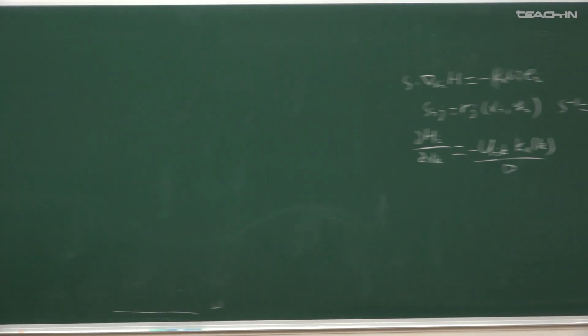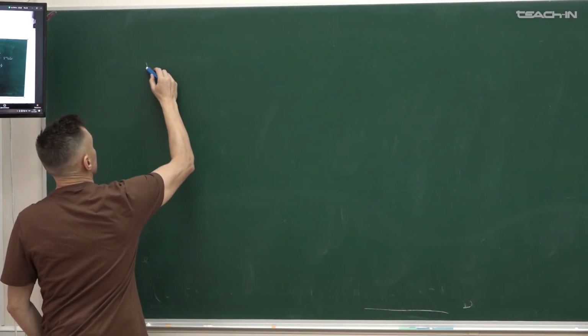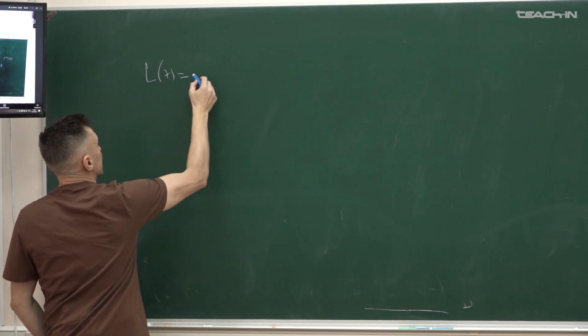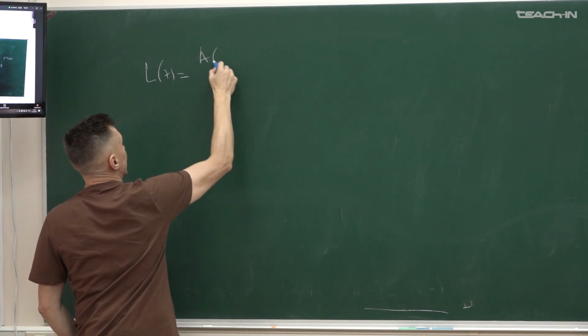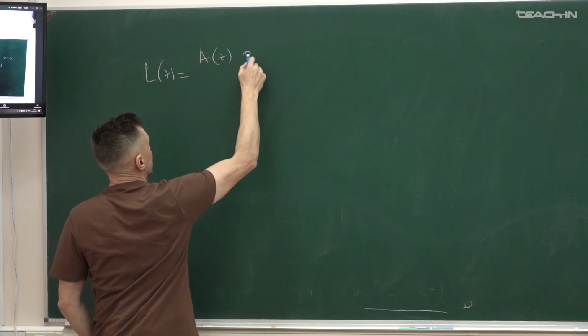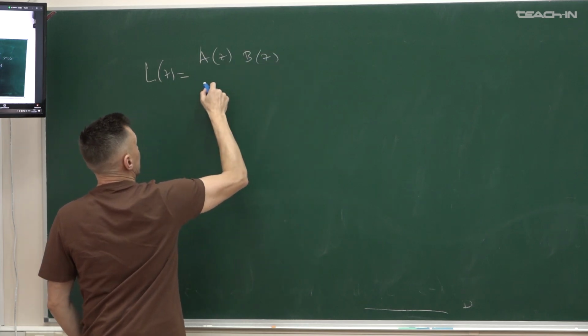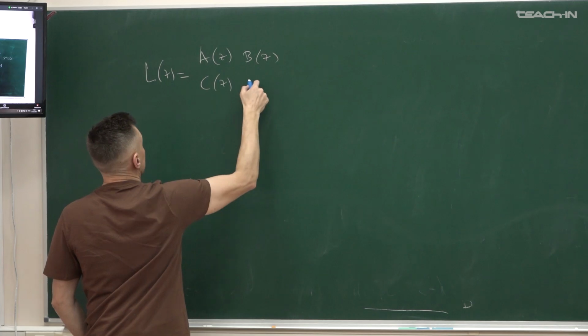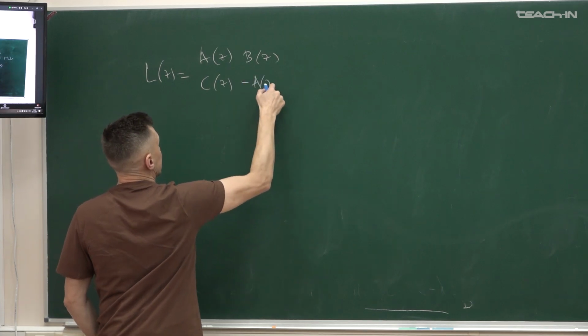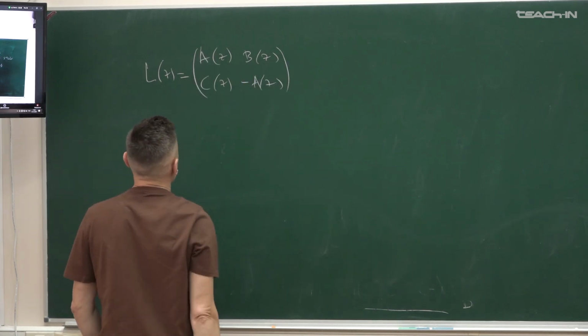So now, as we discussed before, the Lax matrix for the Gaudin system is a matrix like this.